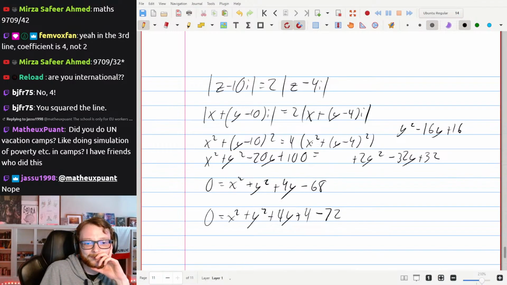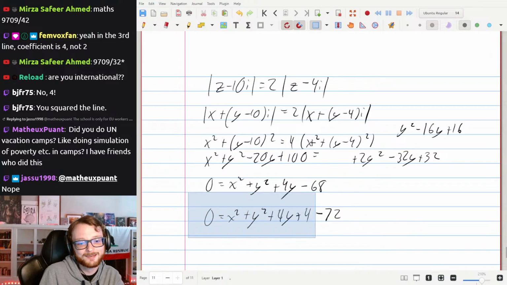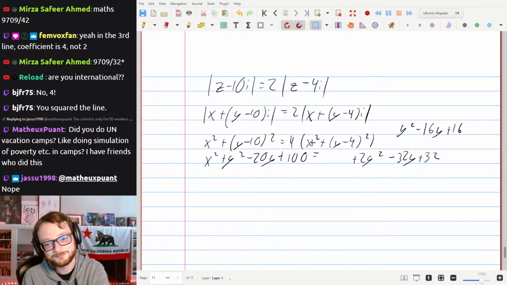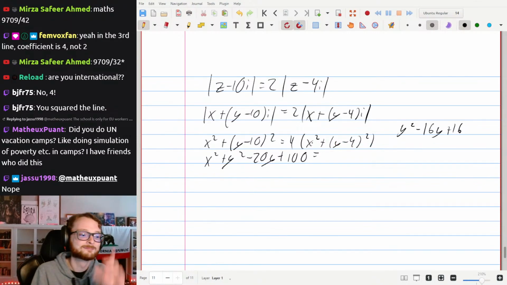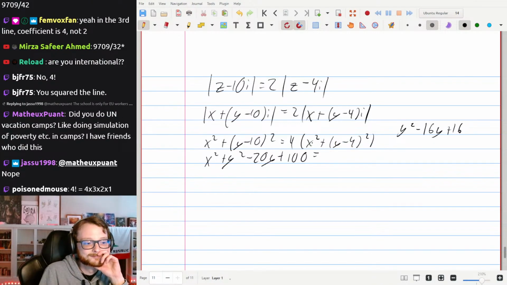Okay, well now I'll just do the calculation I was doing before. It's 4 factorial. I didn't think that I squared anything, but I implicitly did square something and didn't realize it.